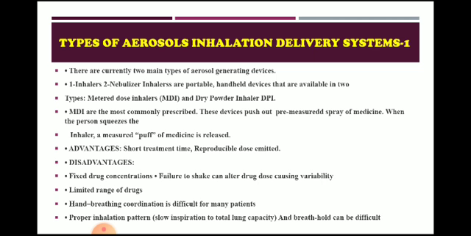First one is called the metered dose inhaler. Second, the dry powder inhaler. The metered dose inhaler is the most commonly prescribed. This device pushes out a pre-measured spray of the medicine when the person squeezes the inhaler and a measured puff of medicine is released.